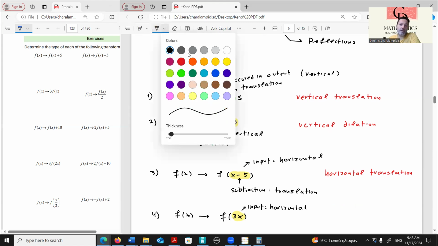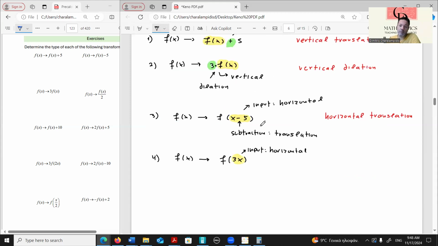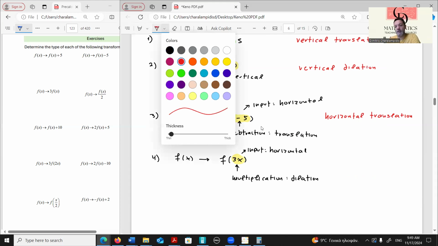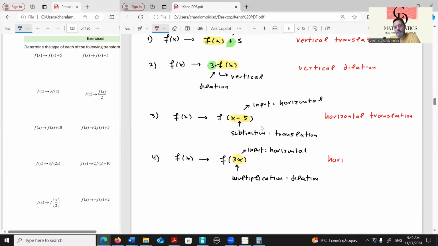But with regards to the specific change, that was a multiplication. The multiplication is characterized as a dilation. So here we have a horizontal dilation.